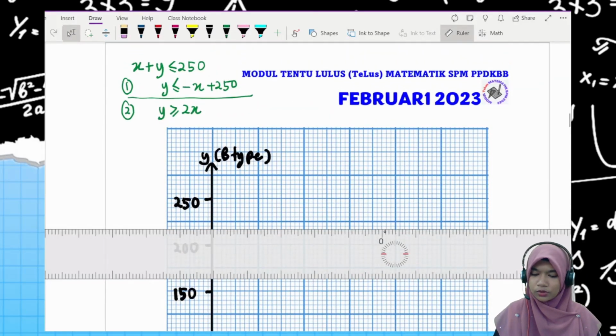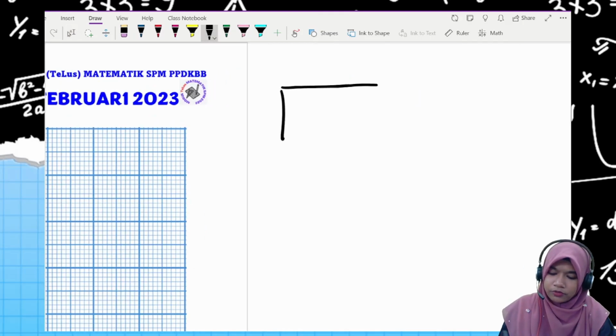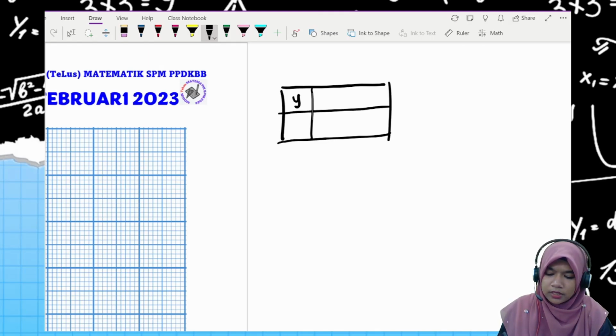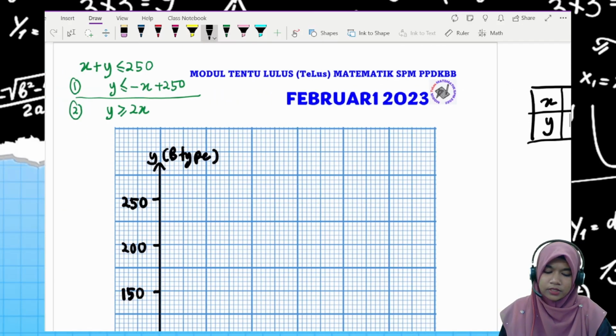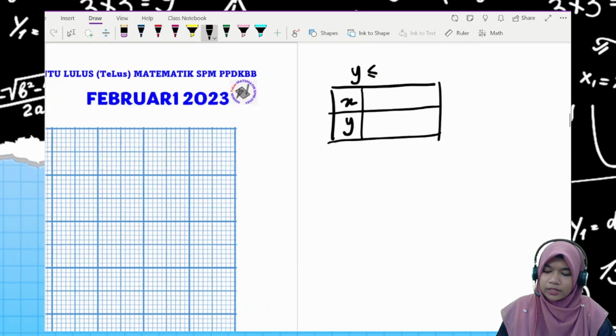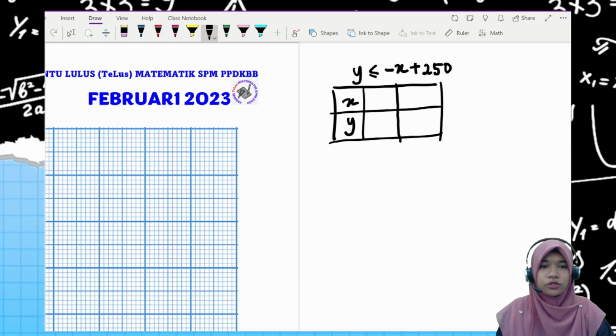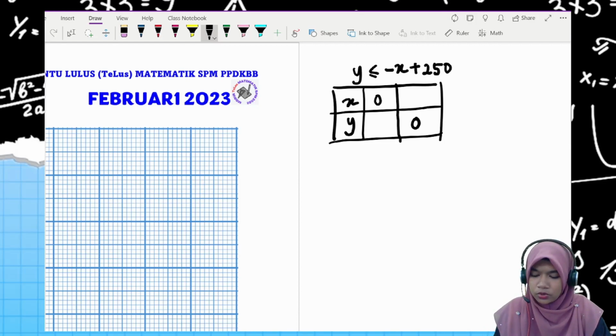How do you know how to draw the graph? You should have a table of values: x and y. The first one just now is y less than or equal to negative x plus 250. Then at least you have two coordinates: when x equals 0 and when y equals 0.